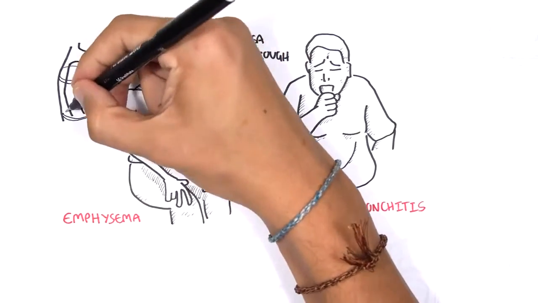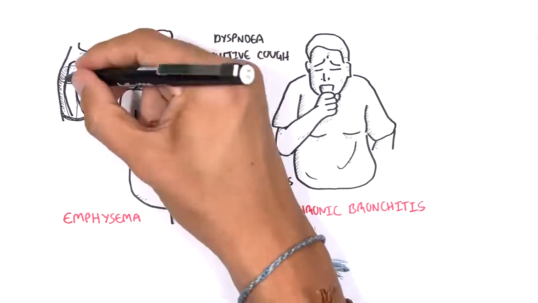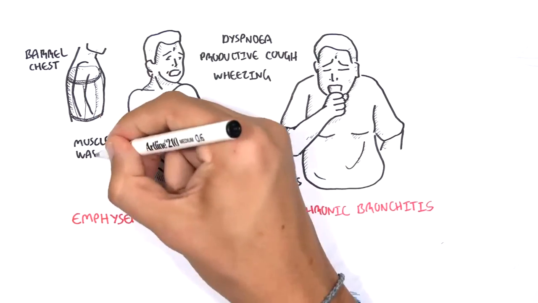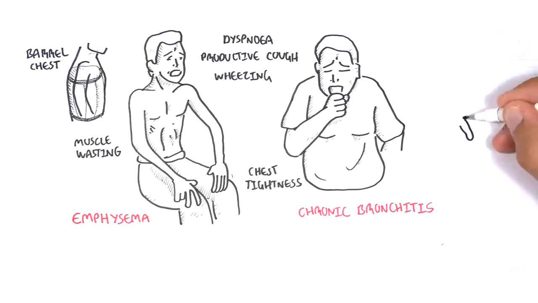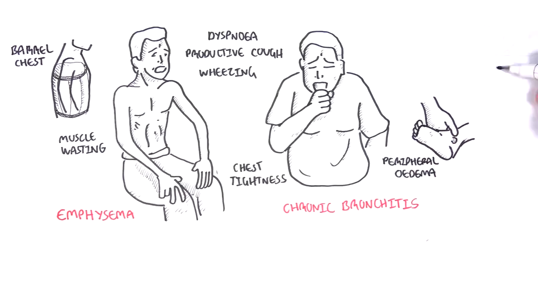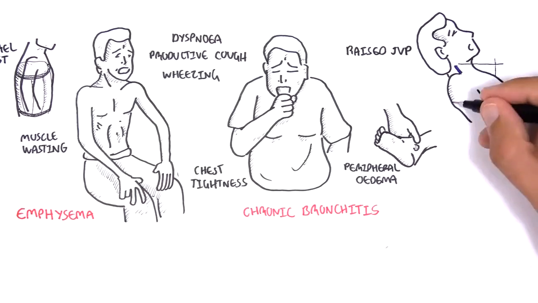Patients with pure emphysema have a barrel chest, muscle wasting, as well as pursed lips. Patients with pure chronic bronchitis can have peripheral edema and a raised JVP due to a potential right-sided heart failure.